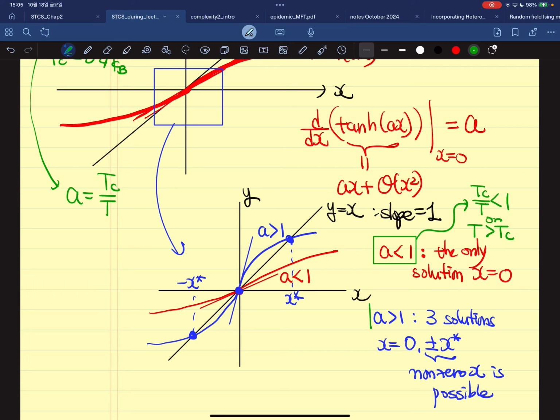And the opposite is this one: Tc over T larger than 1, or T smaller than Tc.